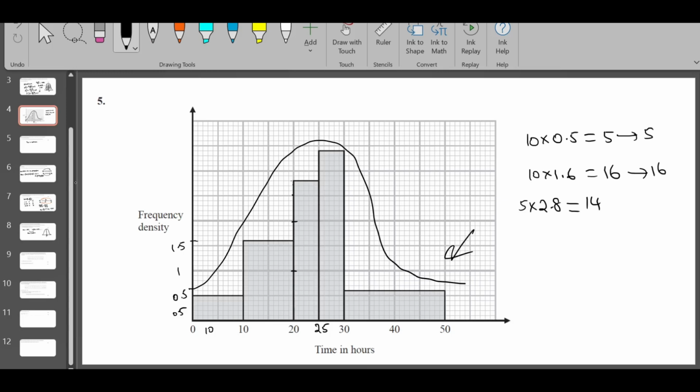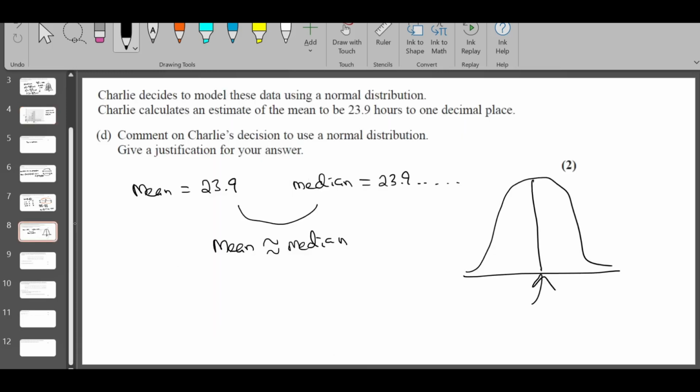But you can use these two values. Since you are given the mean, you can say mean is approximately equal to median, therefore the decision is appropriate. That's all. 2 mark question.